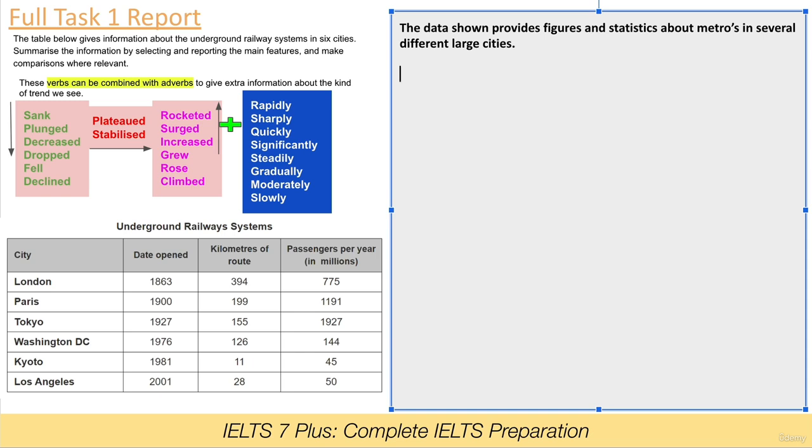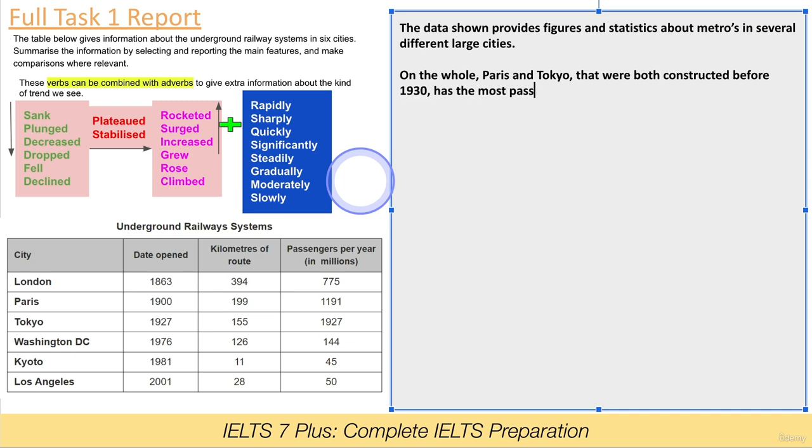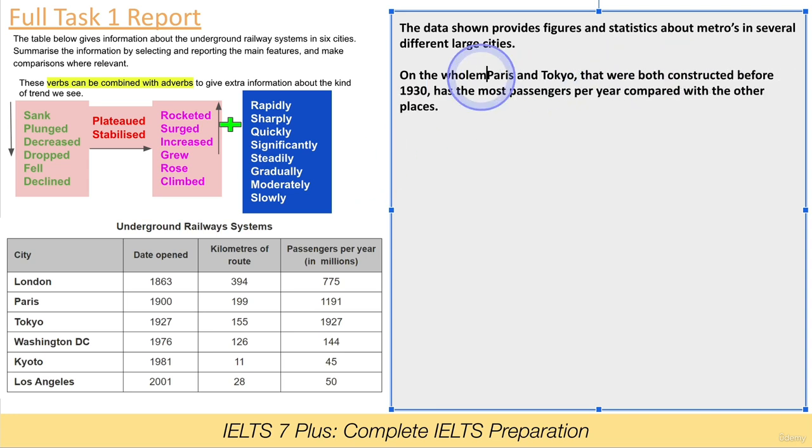Alrighty then, our overview. So, in general, or on the whole, Paris and Tokyo, despite both being constructed before 1930, have the most passengers per year compared with the other places.